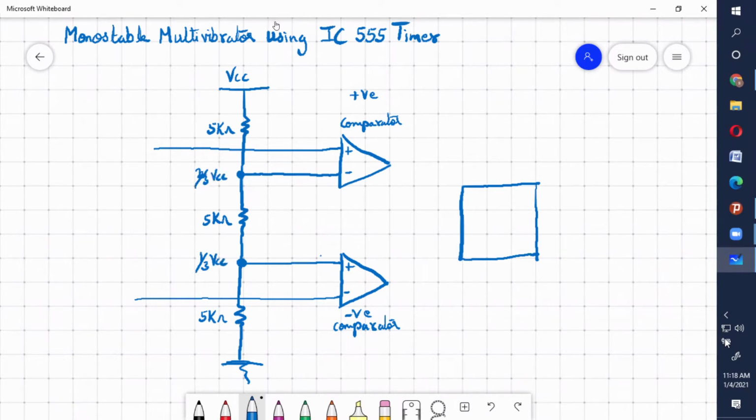So if VCC is equal to 6 volts, what will be the reference value here, and what will be the reference value here?